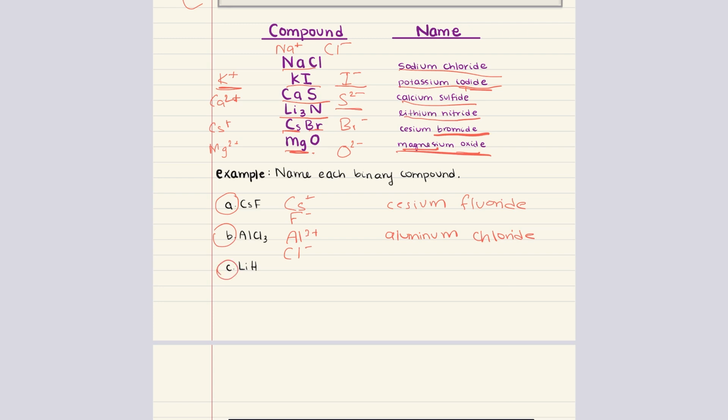Finally, for the ionic compound in part C, the cation is Li+, so the first part of the name is just lithium, and the anion is H-. So we're going to replace the ending for hydrogen with -ide, so it's hydride. The name of this ionic compound is lithium hydride.